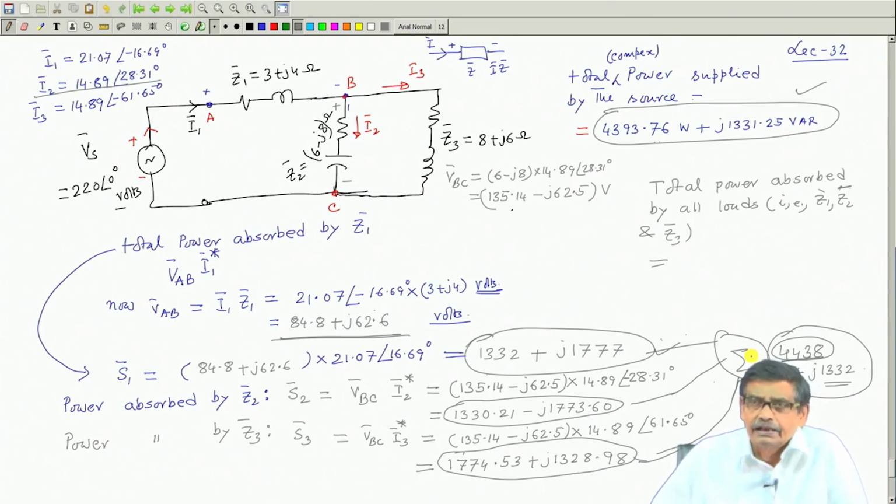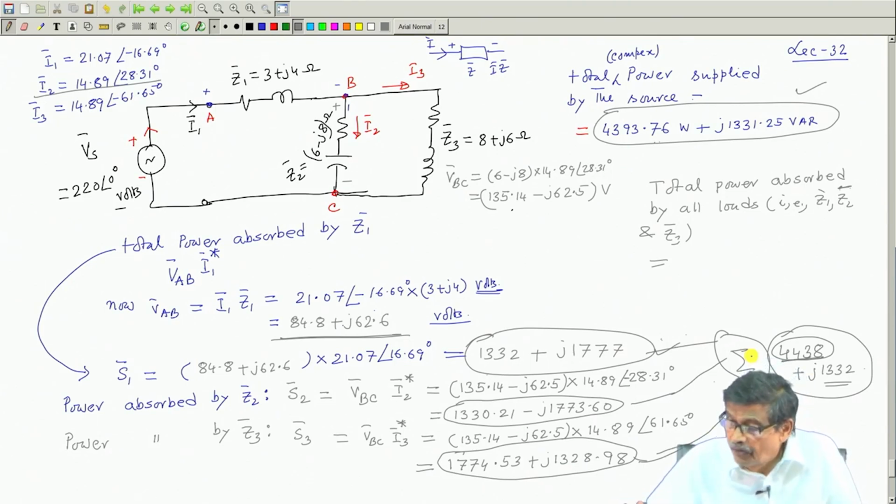But the point is clear, in a circuit analysis, if it is an AC circuit, and you know the supply voltage and all the impedances, solve the circuit, get the currents, then calculate individually, if it is a load, how much power it is absorbing, and if it is a source, how much power it is delivering, P plus jQ.